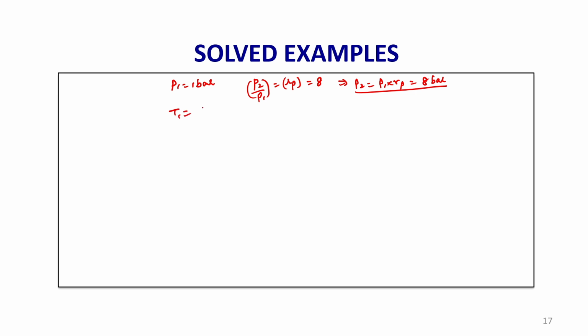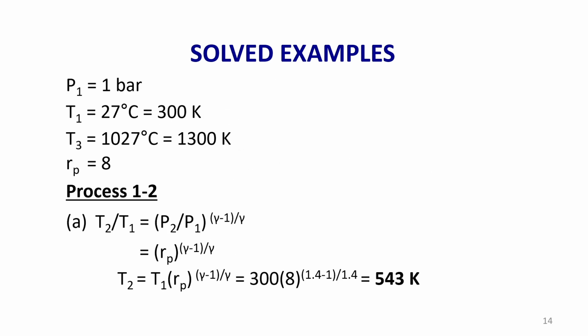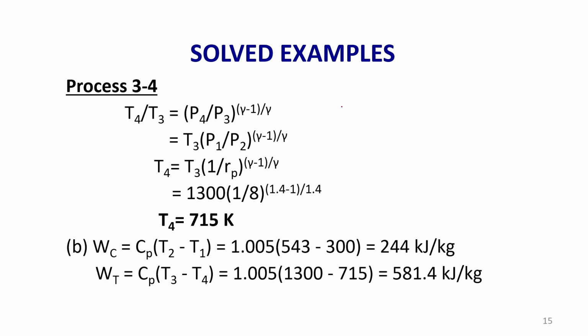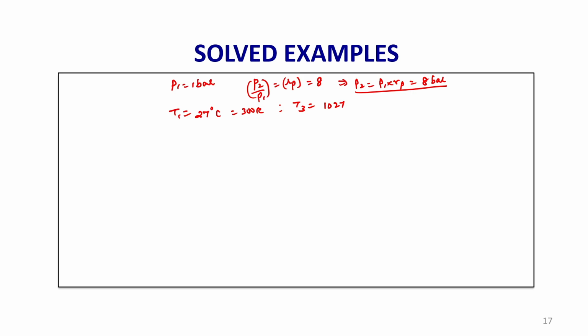T1 is 27 degrees centigrade, converted into Kelvin, 300 Kelvin. And T3, the temperature of the working substance at the inlet of the turbine, 1027 degrees centigrade, converted into Kelvin, is 1300 Kelvin.